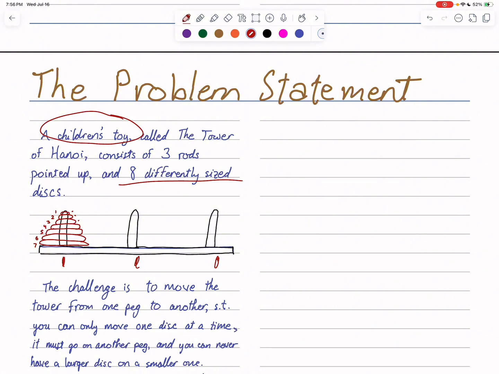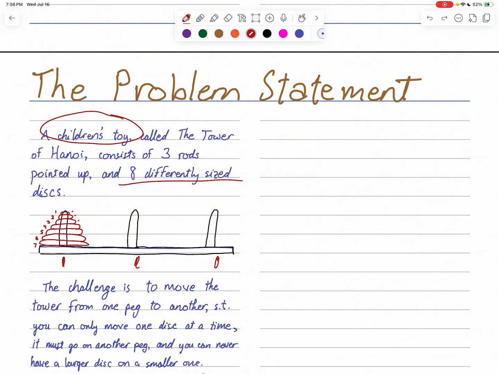So the challenge is to move the stack of all of these discs from one peg to another. Now, just for the sake of specificity, we'll talk about moving them from the first peg over to the third one. But the challenge here, right, there has to be some kind of constraint, otherwise it's not interesting.